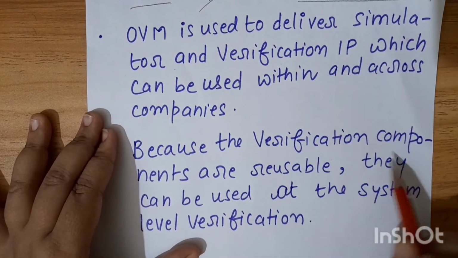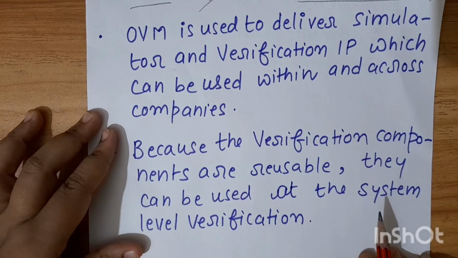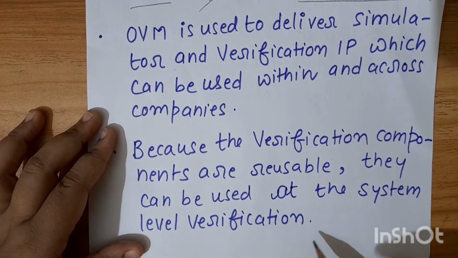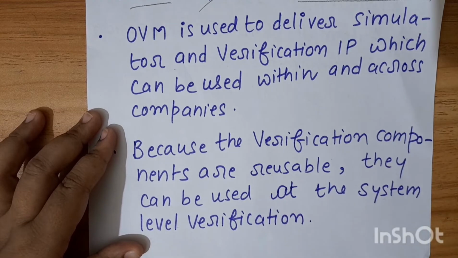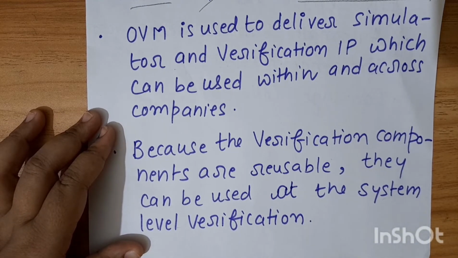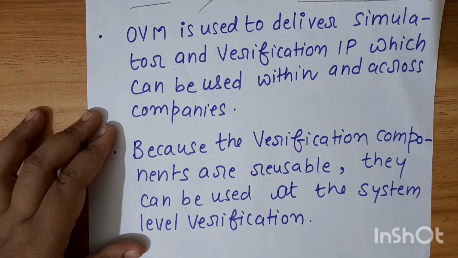Because the verification components are reusable, they can be used at the system level verification. Means the same verification component can be used at different levels of the design code to verify. At the system level we can use it, and even at the low level for specific design features we can test with the verification component.